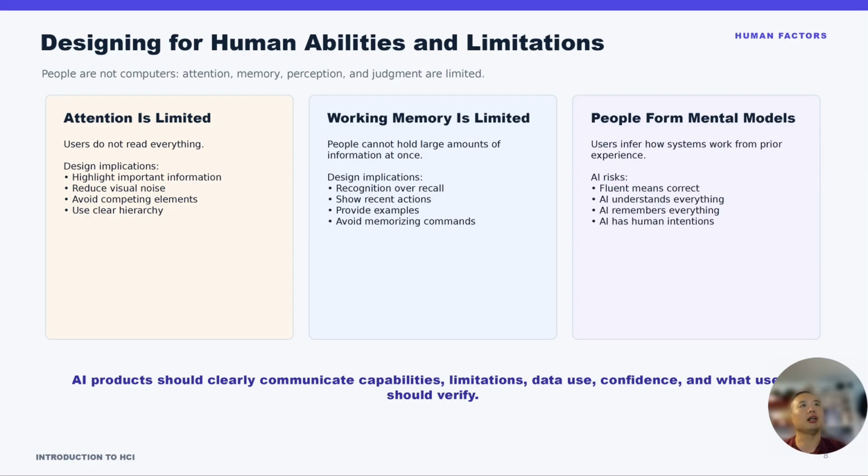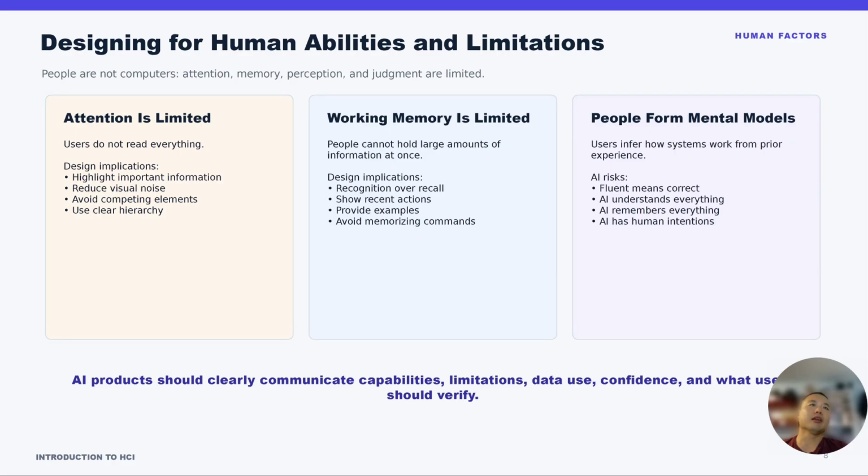And also users may think AI understands everything because AI is trained on different knowledge and different subjects, but actually it does not. AI does not understand everything. And users may think AI remembers everything, but actually it doesn't. AI forgets things because there is a context window. If there is knowledge outside of the context window, AI will forget.